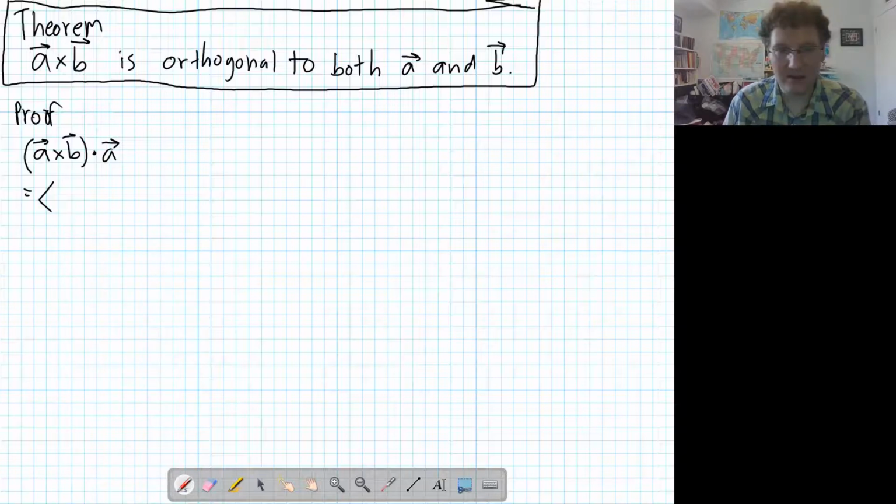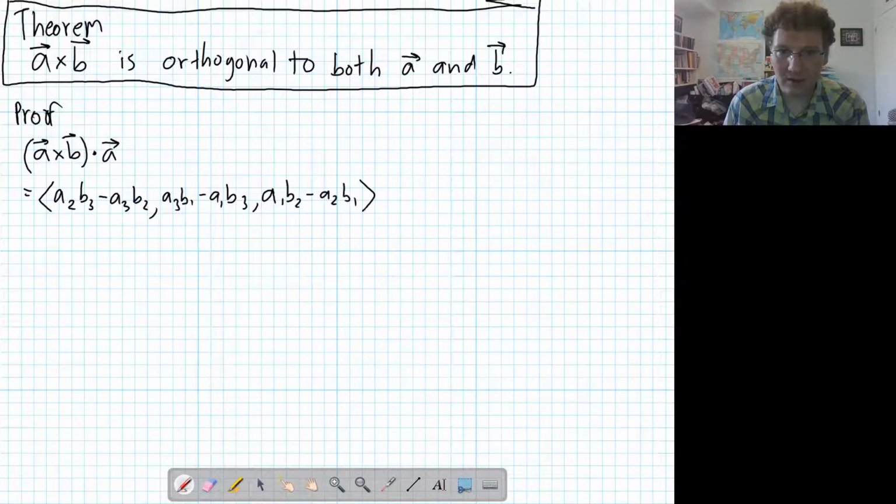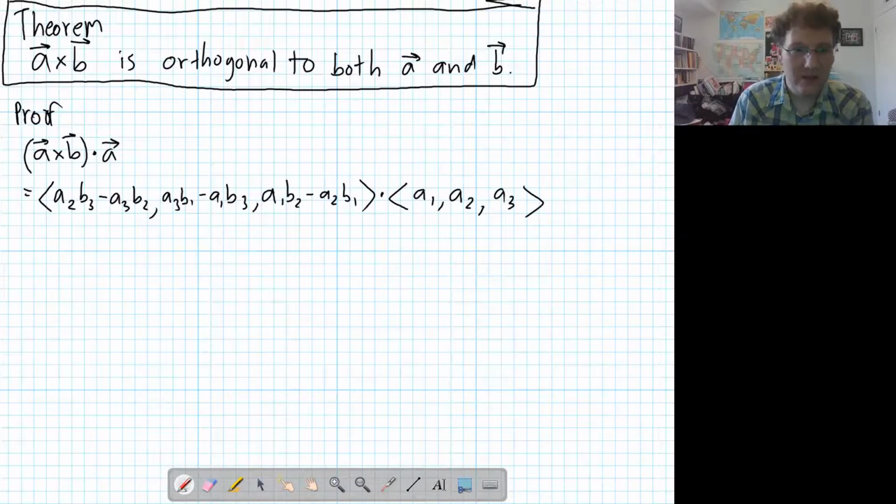Since I already have the formula for it, I'm going to write it out here like this: A2 B3 minus A3 B2, comma, A3 B1 minus A1 B3, comma, and then A1 B2 minus A2 B1, and the dot product of that with A1, A2, A3. Let's see what we get when we multiply this. We have A2 B3 A1 minus A3 B2 A1.